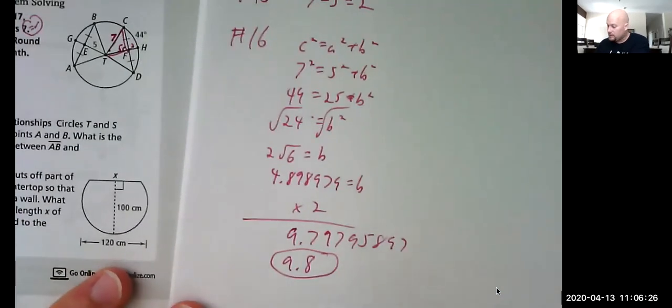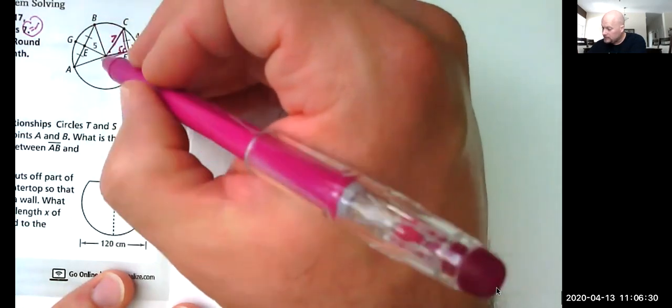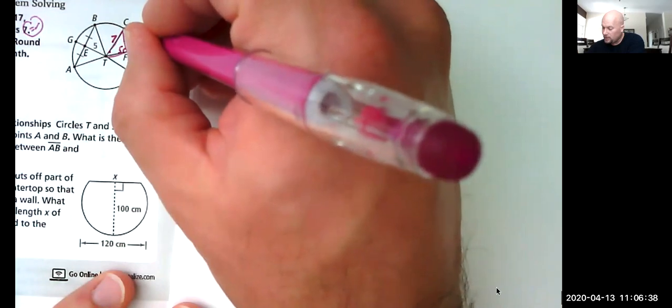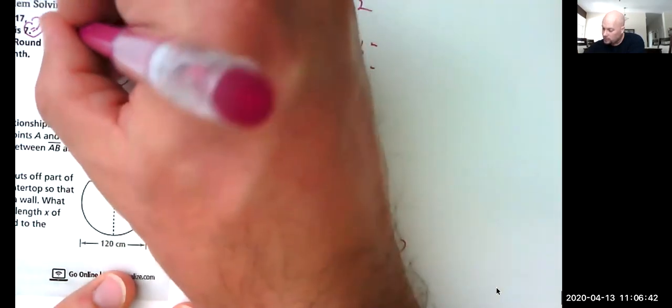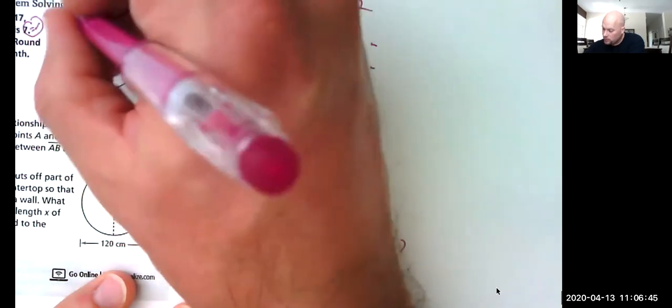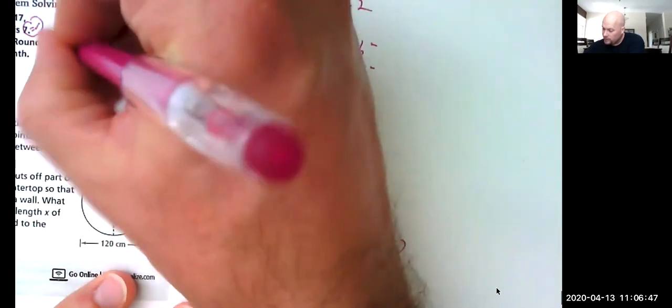Then on number 17, we have measure of angle BTA. Well, this angle here looks like it's a right angle, but we can't assume that. But we do know that this arc is 44. Well, guess what? All these little arcs are 44. So this entire arc over here, 44 and 44 is 88.